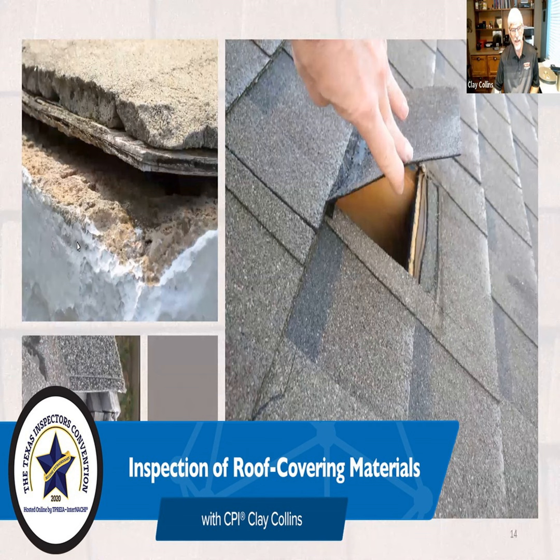Well, this can be wind, it can be age, it could be heat, or it could be manufacturing. It doesn't really matter to me. I'm reporting a defective shingle. Effects of age. This can also be heat here, but you're just getting the granule loss. That's a worn out roof.